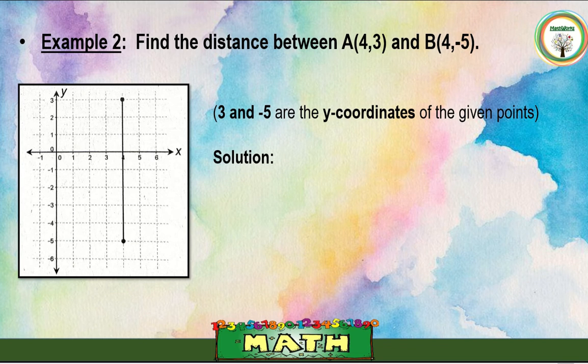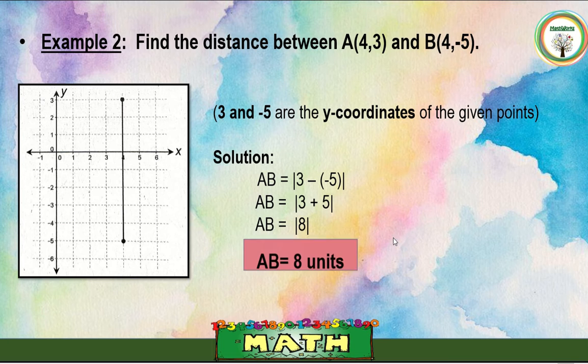For our solution, the distance of AB is equal to the absolute value of 3 minus negative 5. AB is equal to the absolute value of 3 plus 5. So it will become addition because negative times negative is equal to positive. AB is equal to the absolute value of 8. Therefore, the distance between point A and point B is equal to 8 units.